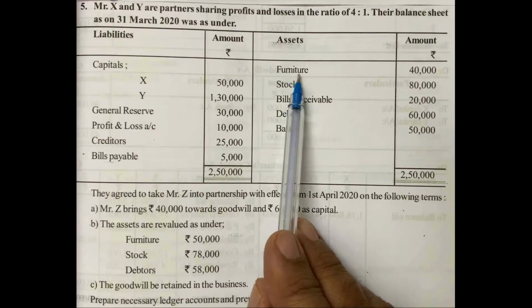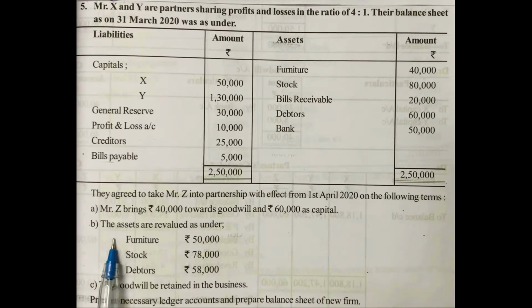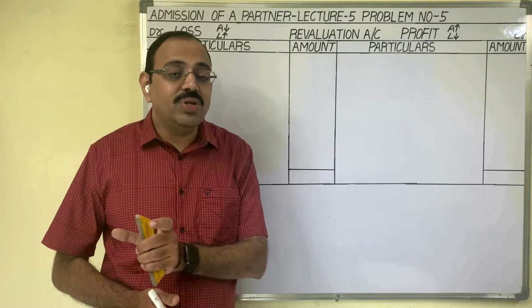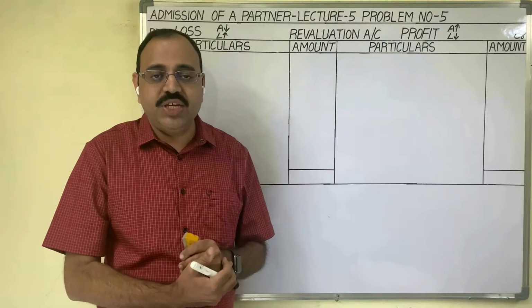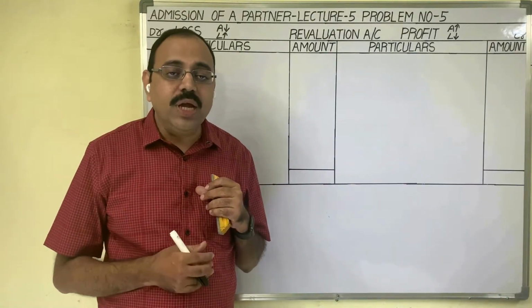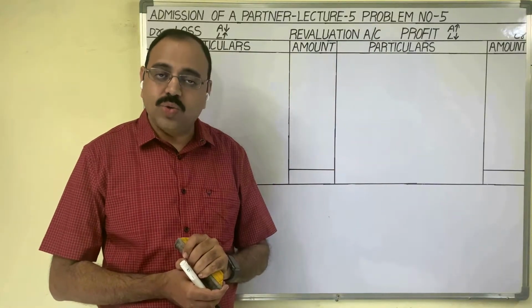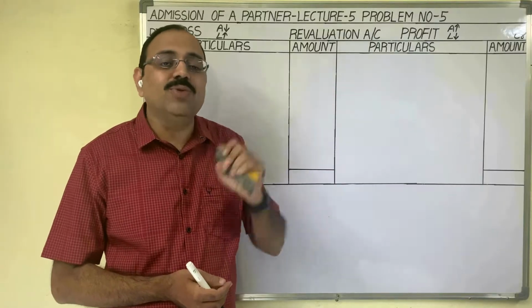In the old balance sheet, furniture value is given as 40,000 rupees. And in adjustments, he is giving that the assets are revalued as under: furniture value 50,000 rupees. In revaluation of furniture, old partners came to know that the market value of furniture is 50,000 rupees. So the furniture market price is increased by 10,000.